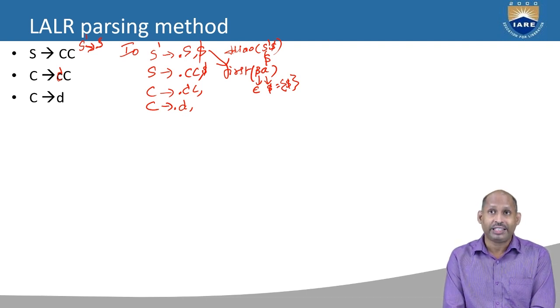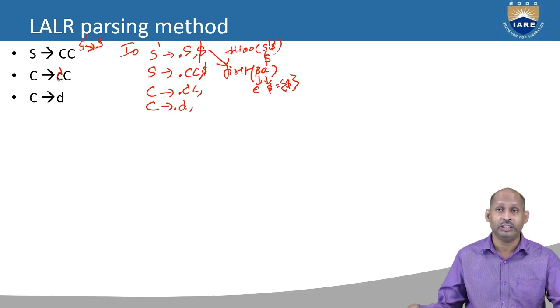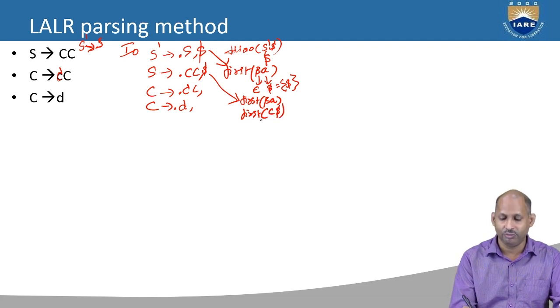Now, what is the terminal symbol? Once again, from this production, what is first of beta a? First of capital C, dollar. First of C simply says terminal c, comma, d.